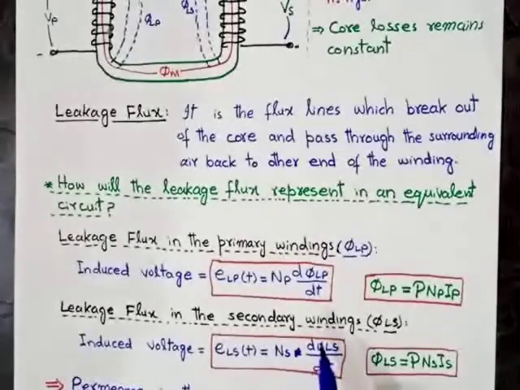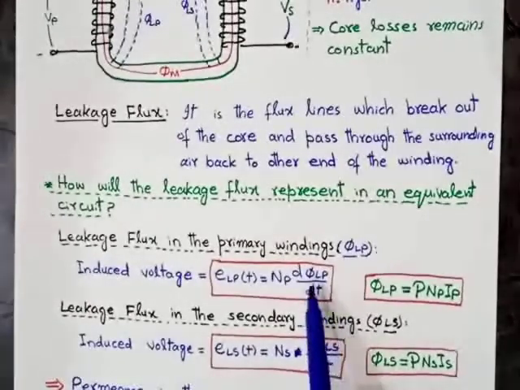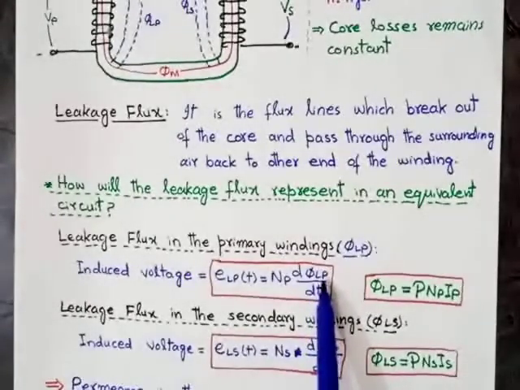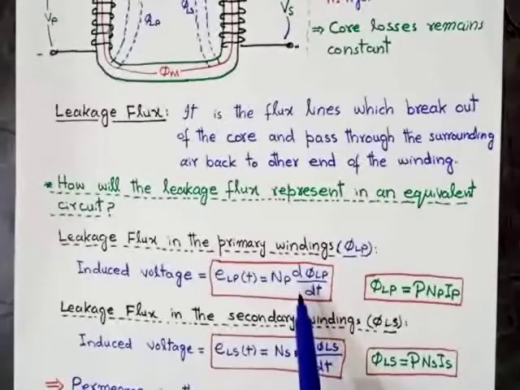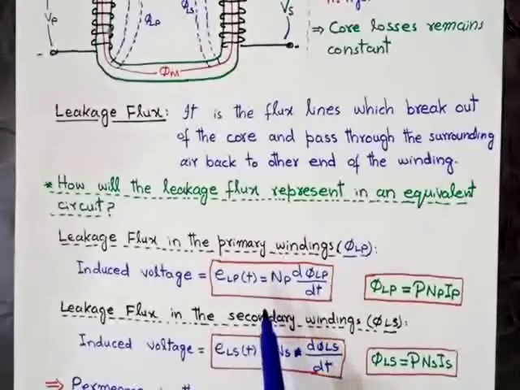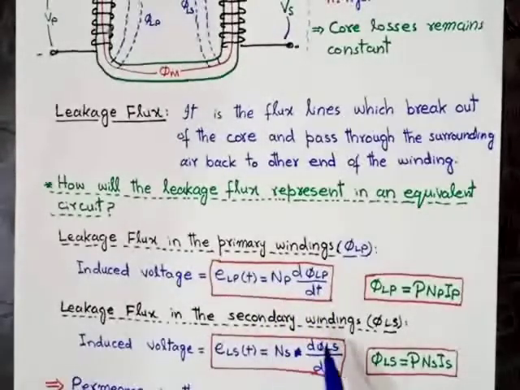Now we will find the value of the leakage flux, because our main objective is how the leakage flux will be represented in an equivalent circuit. In an equivalent circuit, we normally use parameters in the form of resistance, inductance or capacitance.